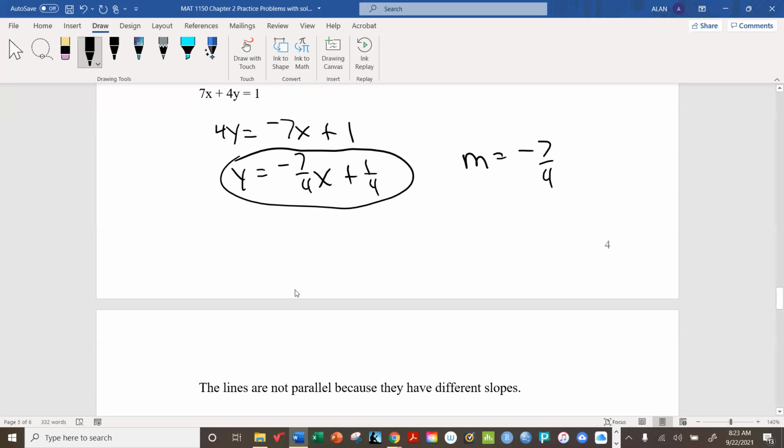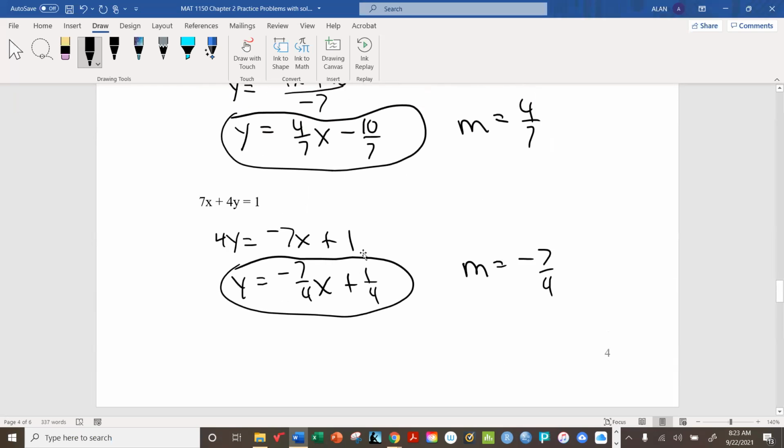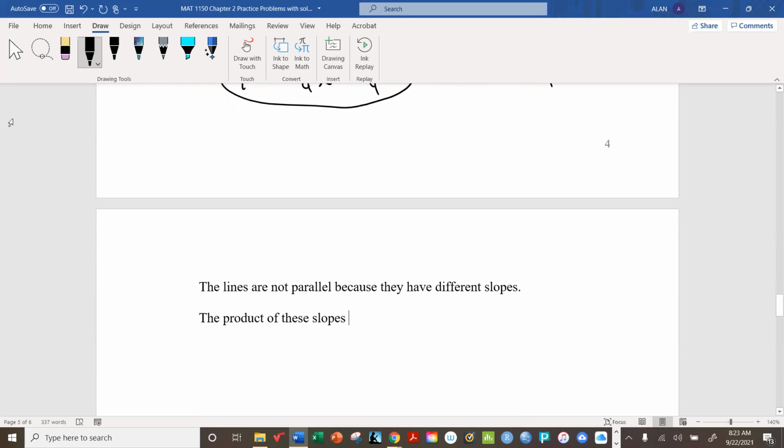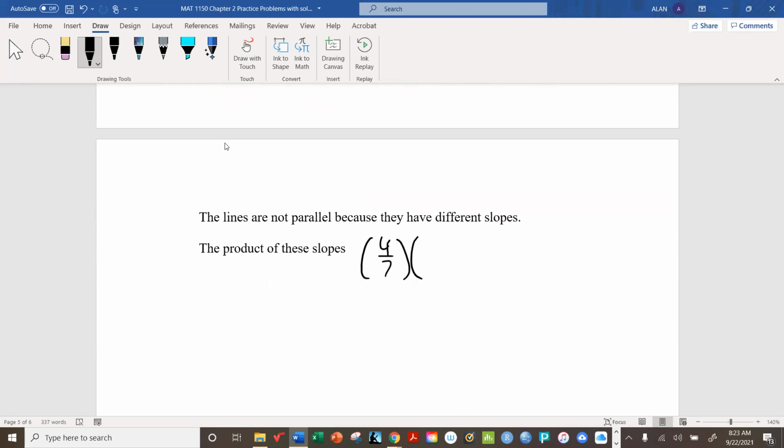What about perpendicular? Well, if you multiply these slopes together, you have 4/7 times negative 7/4. And guess what you get?